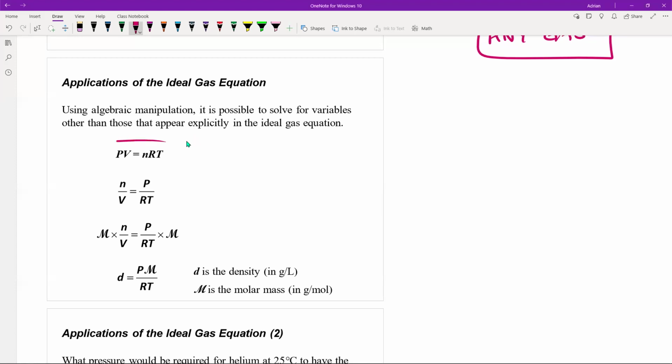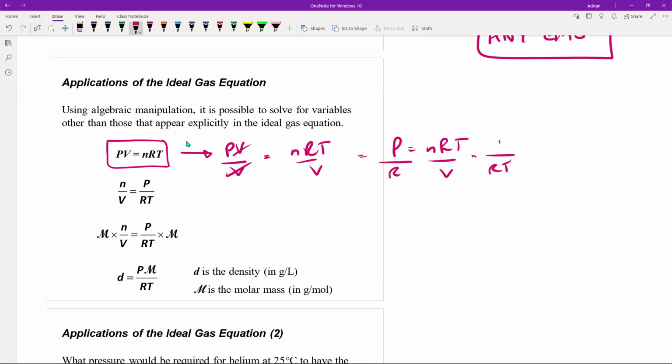For example, if you have our PV equals nRT and we rearrange this equation, if we divide the left side by V and the right side by V, the V's go away, we end up with P is equal to nRT over V. And then if we divide both sides by RT, we end up with P over RT is equal to n over V, right?